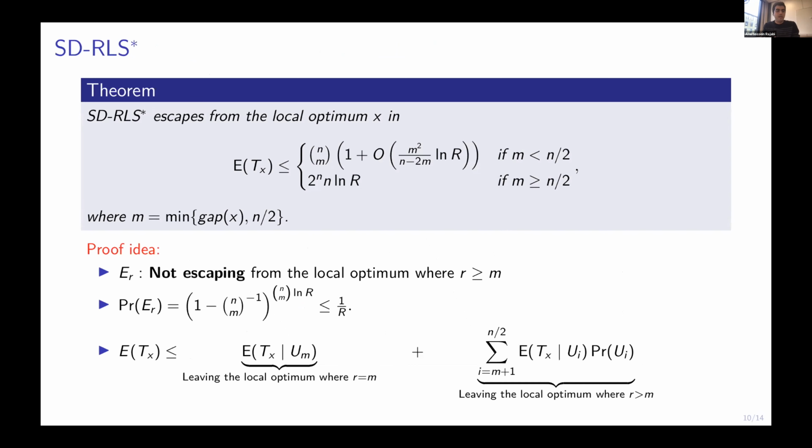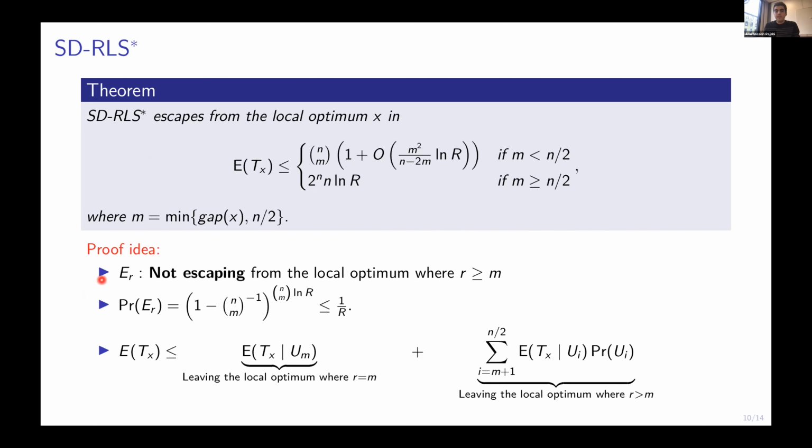This approach might seem to be harmful for the running time, but surprisingly, we achieve an efficient running time. We can see that for a relatively small jump size, the expected optimization time is n choose m. This is the sketch of the proof.